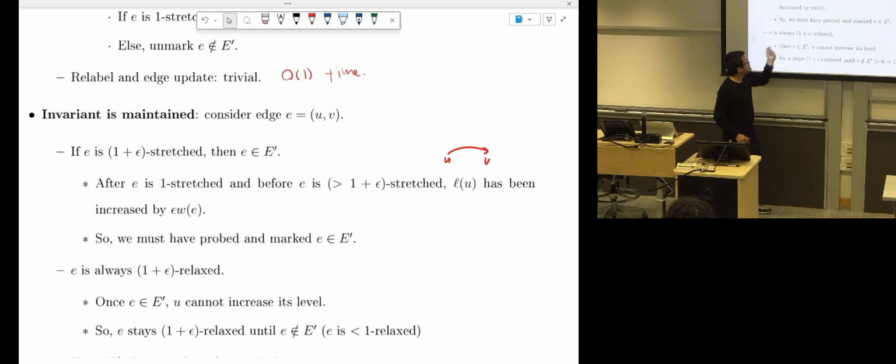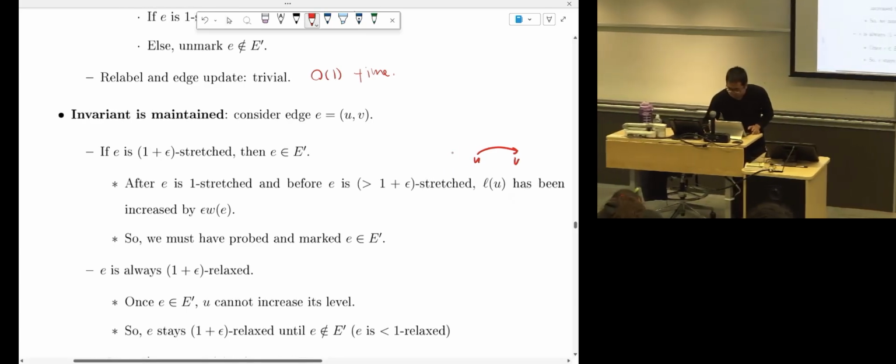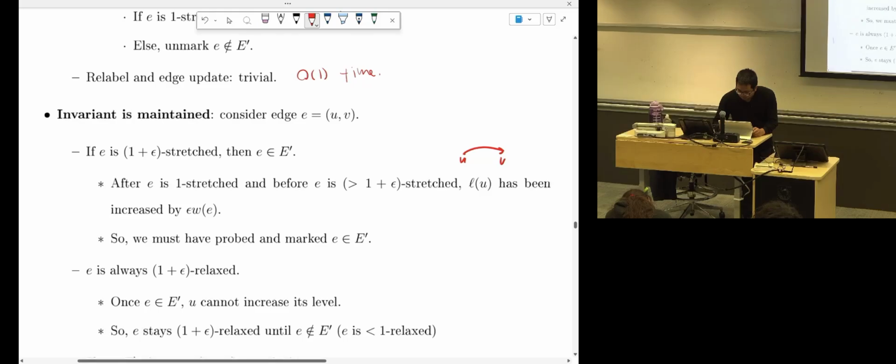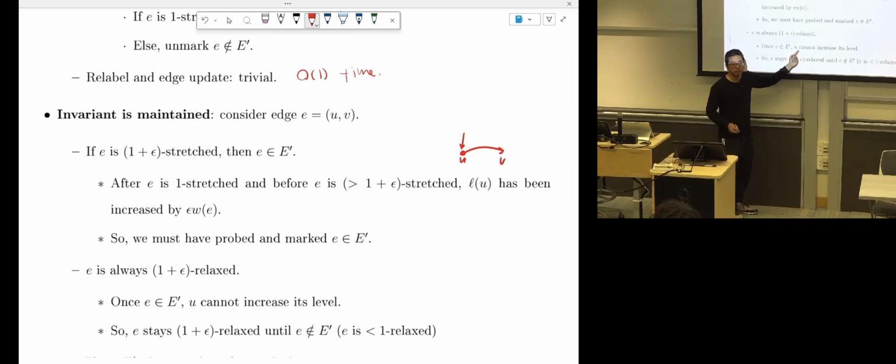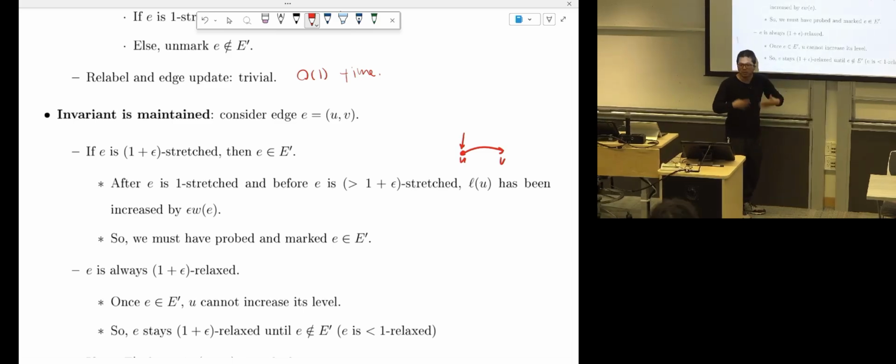Why? Because once an edge is in E prime, then the endpoint U, the higher endpoint here, you cannot relabel U. You cannot increase the level of U, by our promise that we will not relabel U if U has some active edge out of it.